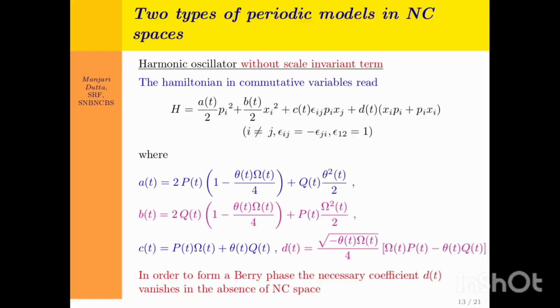But in the absence of non-commutative space, the coefficient of the scale invariant term vanishes. That means the Berry phase completely belongs to non-commutativity for this system. According to this system, if the non-commutative parameters are non-zero, then the Berry phase should exist.